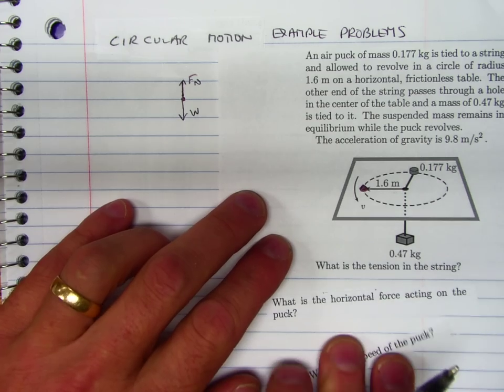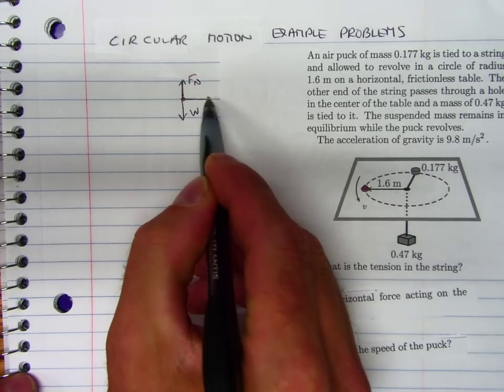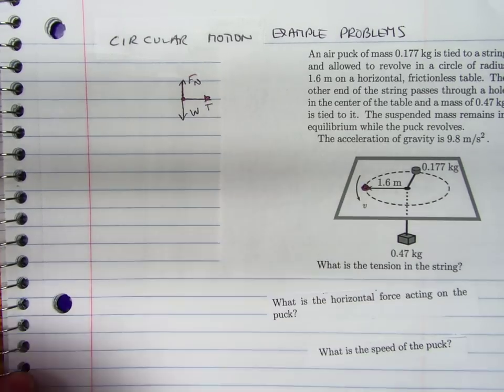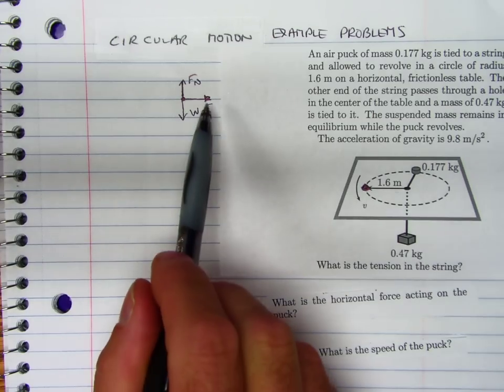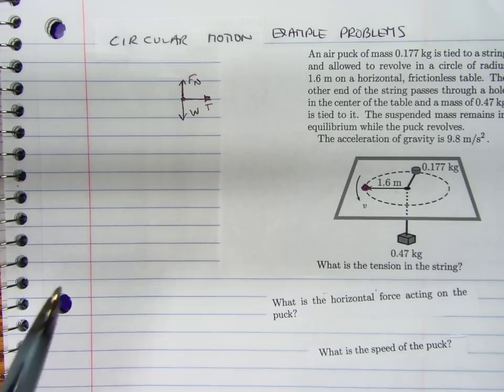I'm going to draw that like that. Okay, there's my tension. And the thing is, you can have the tension both to the left or to the right. You just have to recognize that you're going to have a negative or positive sign, and you're going to need to remember that when you put the values in.